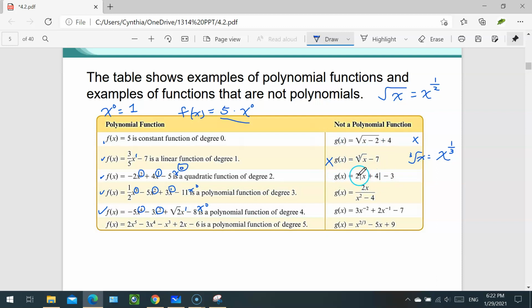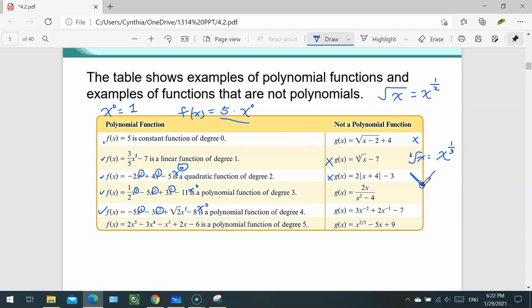Another example here: 2 multiplied by the absolute value of x plus 4. With the absolute value, x is inside the absolute value. We don't count this as a polynomial function because the graph of the absolute value is a V shape and it comes with a sharp corner.